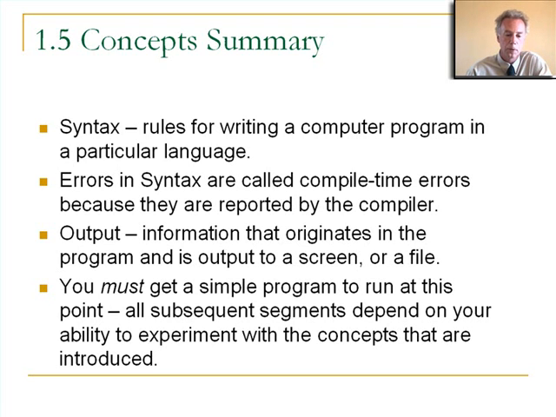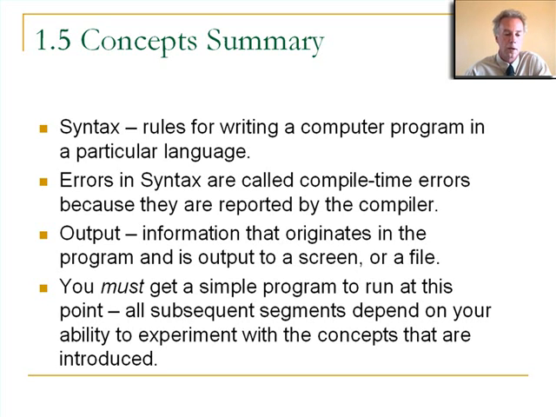The output from the program is information that originates in the program and then is output onto the screen, in our case onto the console window, or it might be program output that winds up in a file. Maybe later on we'll write some programs that write data into a file. But these are all considered to be output from the program.